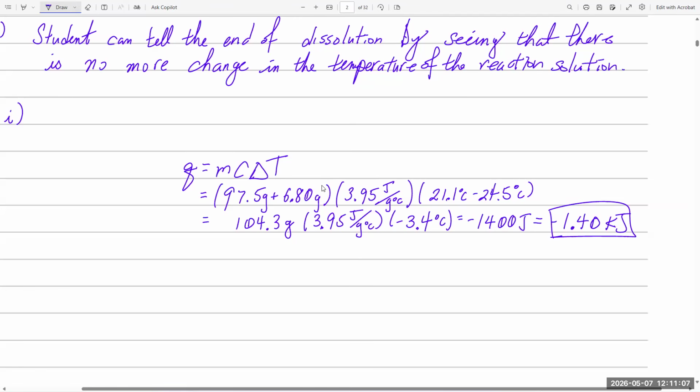So what are they asking us now? Is the magnitude of delta T in the rubidium chloride experiment greater than, less than, or equal? So what is delta T again? Delta T, as we calculated earlier, was the amount of kilojoules per mole that we're looking at. So they're asking you, mole per mole, does rubidium chloride have more energy or less energy?